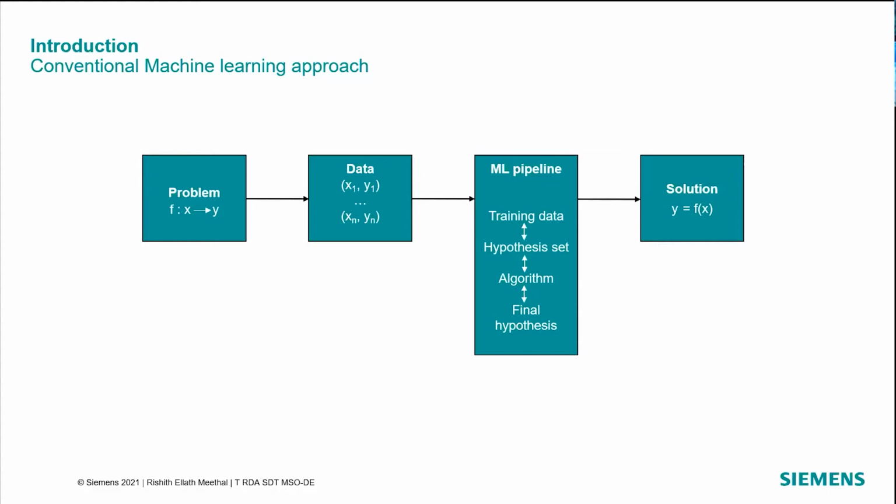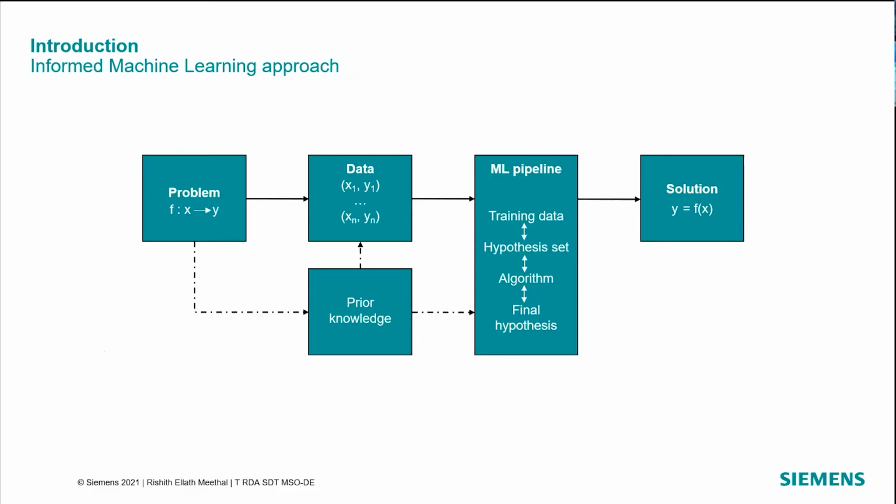But what happened is that when it comes to physical problems, we have the lack of training data, and even after we train, the model may not be physics conforming, especially if we are using the model in the untrained region, we get unphysical results. Because of which informed machine learning.